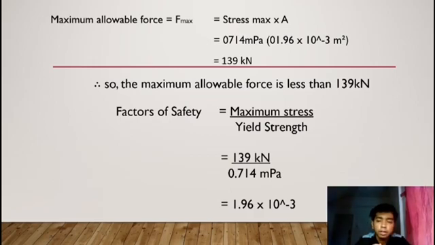By calculating the factor of safety using the formula maximum stress divided by yield strength, the maximum stress is 139 kilonewton and the yield strength is 0.714 megapascal. We get the amount of 1.96 times 10 to the power of negative 3. That's all from us. Thank you.